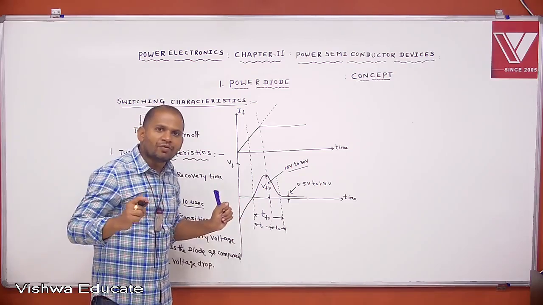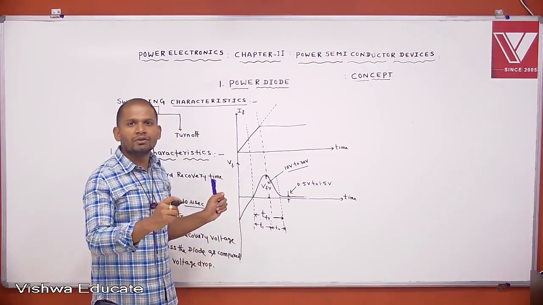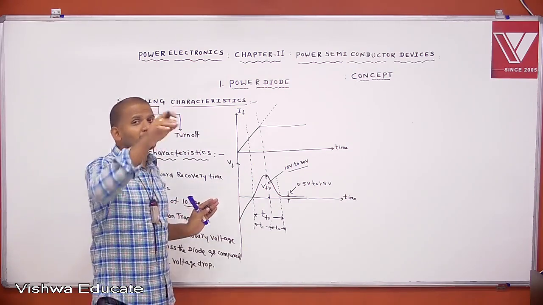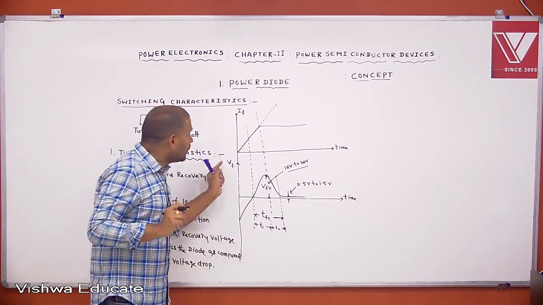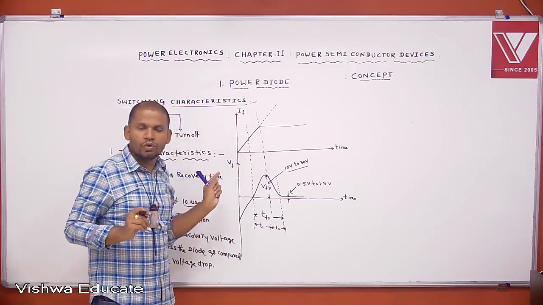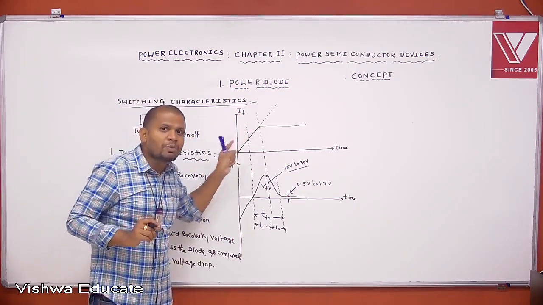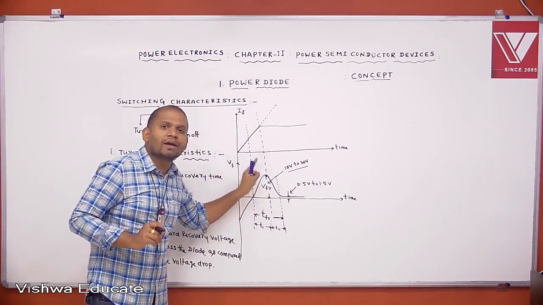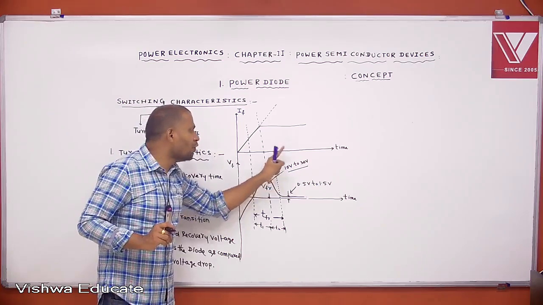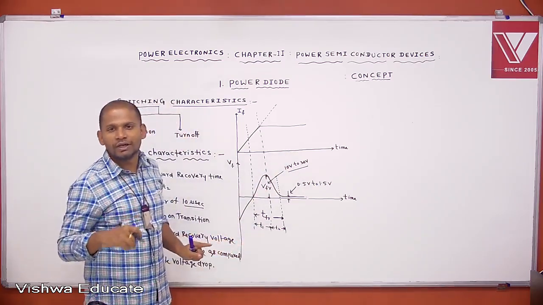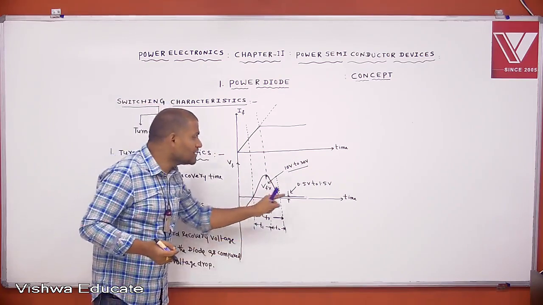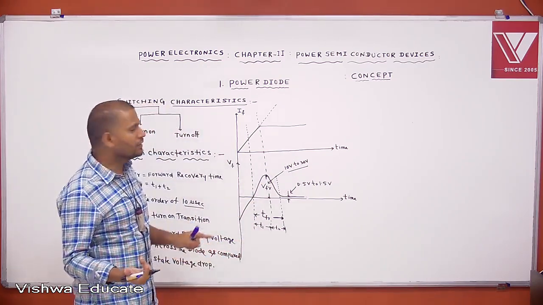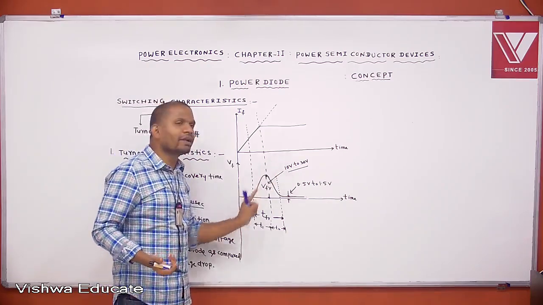If a forward voltage is suddenly applied to the diode, it starts conduction, but the current does not suddenly reach the rated current. The current slowly rises to the rated current, and during this process a large forward recovery voltage appears across the diode, in the range of 10 volts to 30 volts. But the on-state voltage drop is very small, depending on the rating of the diode. Generally, this is the forward recovery voltage.